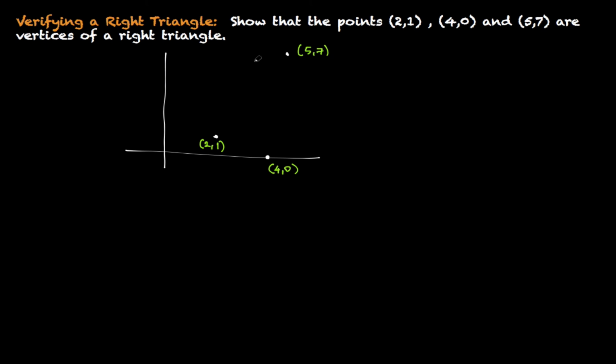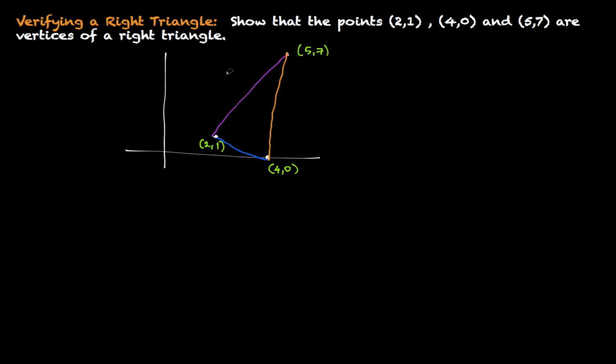Any triangle which satisfies the Pythagorean theorem is a right triangle. So we will calculate these distances. Let's sketch them here, and then we will see what the distances are.